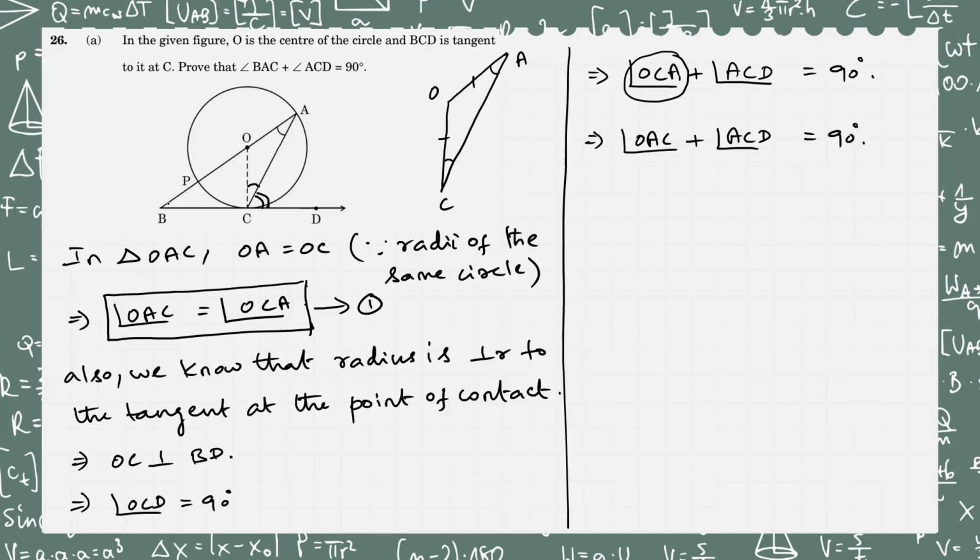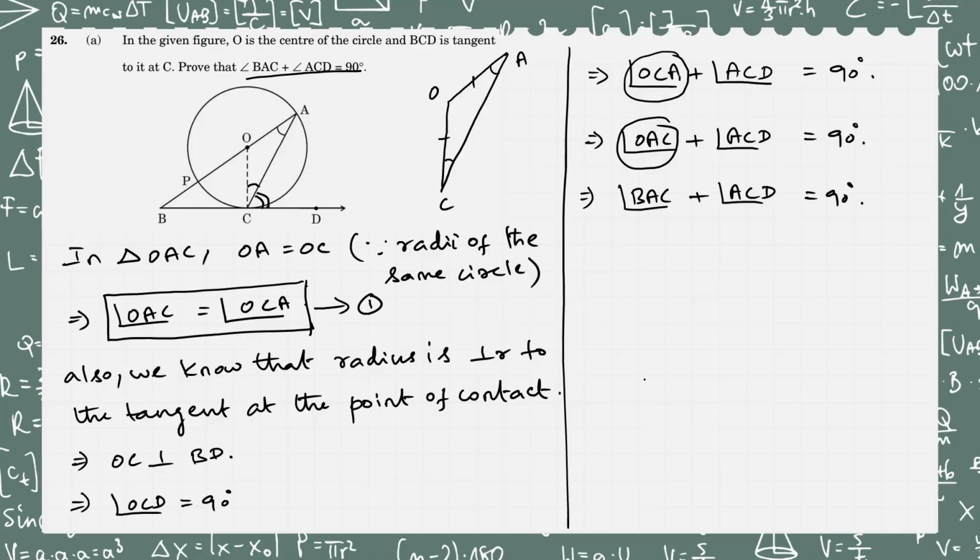OAC angle and BAC angle both mean the same angle only, right? So we can replace OAC with BAC. So BAC plus ACD equals 90 degrees is what we are getting, and that's the same we need to prove here. So that's the end of the sum.